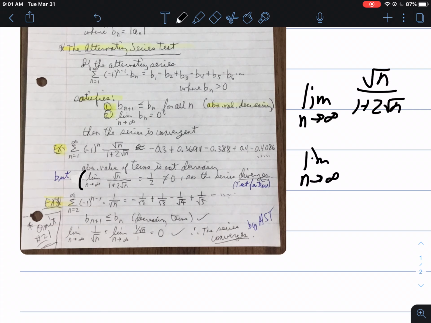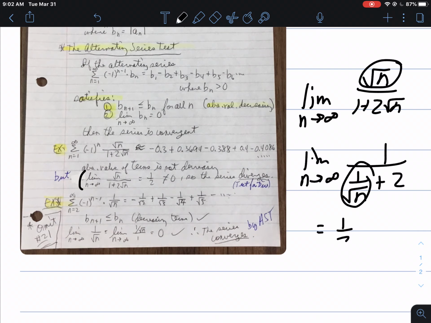Divide by square root of n up here, and I've got 1. Divide by square root of n in the denominator, you've got 1 over the square root of n plus 2, and as n approaches infinity, that goes to 0, giving us a value of the limit of 1/2.